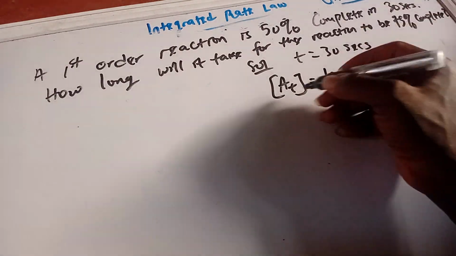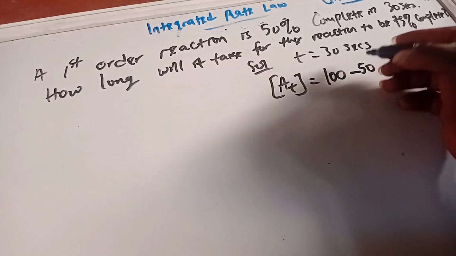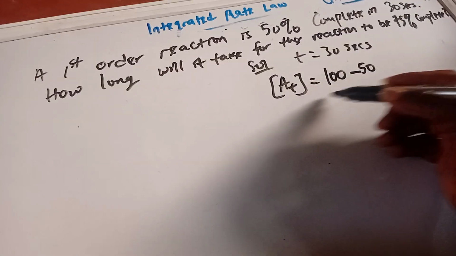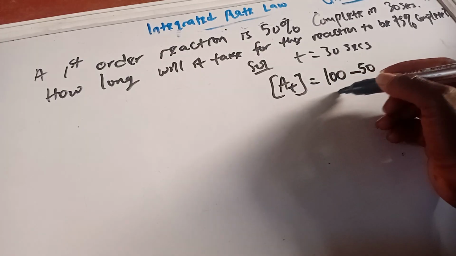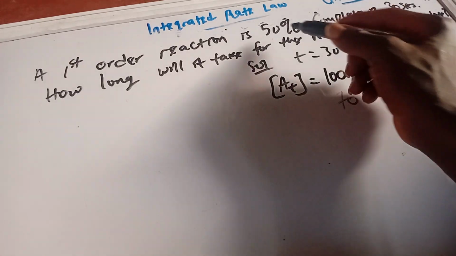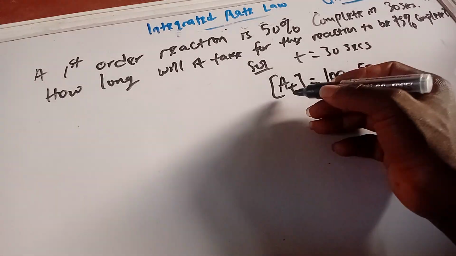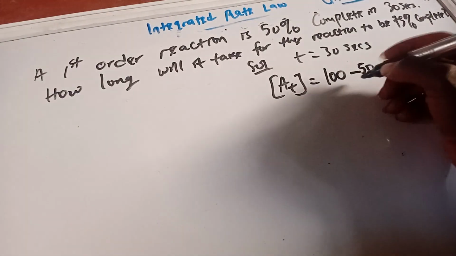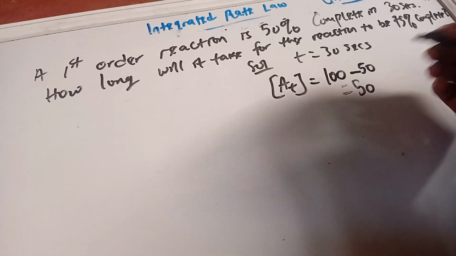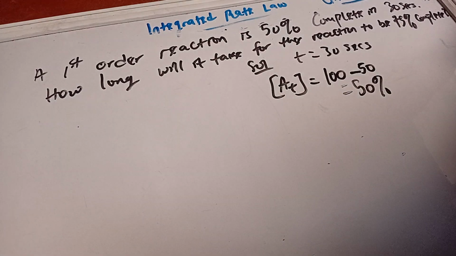So that incomplete is our concentration at a particular time t. Assuming this is 30% complete, it will be 100 minus 30. So our concentration at a particular time t will now be 70. If it is 30% complete, then we have 70 incomplete. That incomplete is equal to our concentration at a particular time t. So which is what? 50%. So our concentration at a particular time t is 50%.